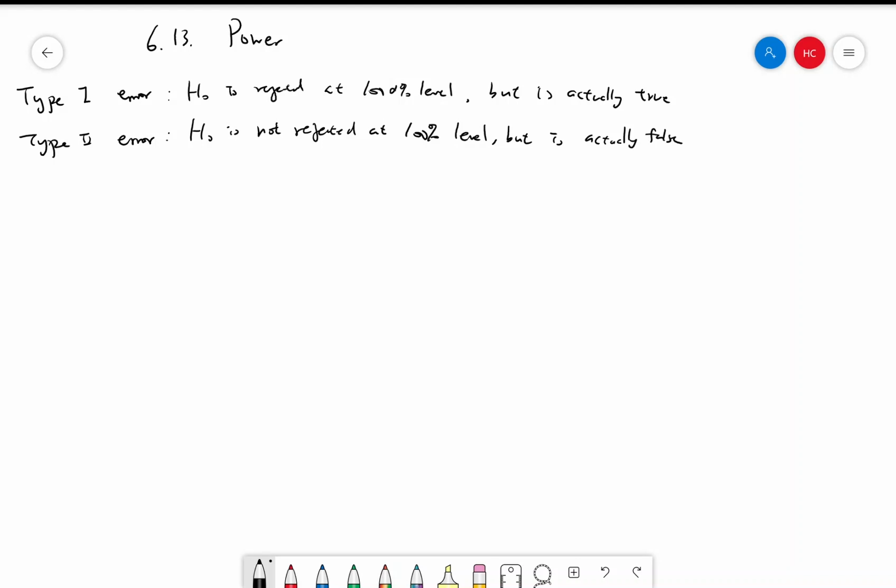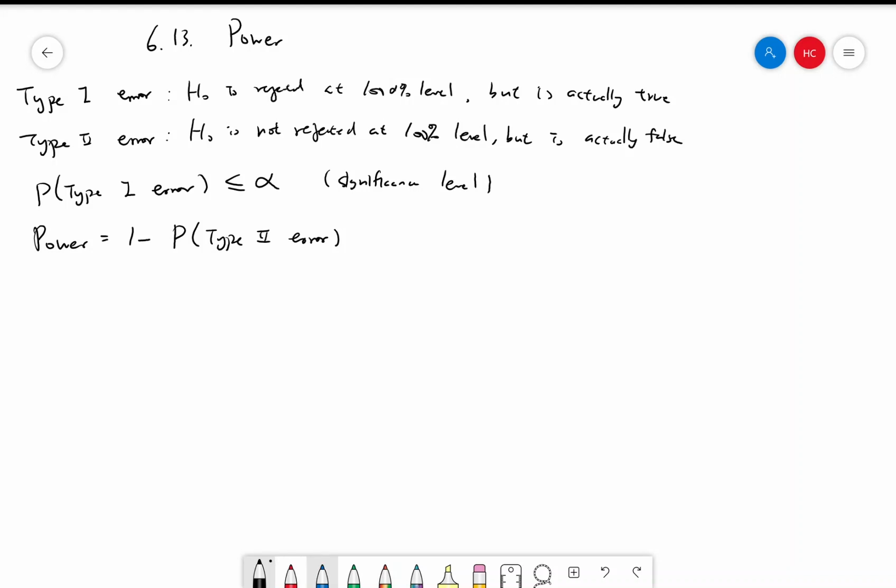Okay, so in the previous section, we know that the probability of type 1 error is always less than or equal to alpha, which is the significance level. So today we're going to talk about power. Power is equal to 1 minus the probability of type 2 error.